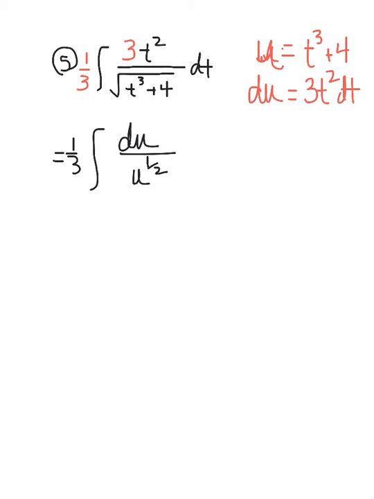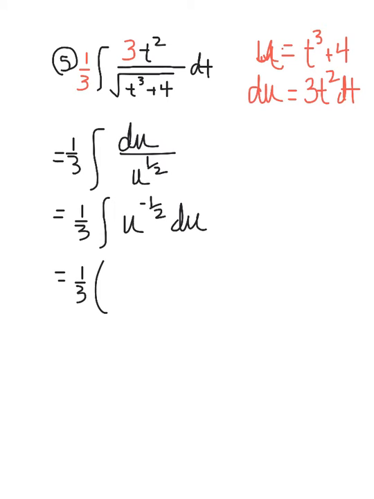All right, now I don't really love that either, so I'm going to go one extra step. What do you think I should make that to make it easier for us to integrate? I would make that u to the -1/2 du. Okay, so then let's integrate. So let's bring down that 1/3, and here we go.